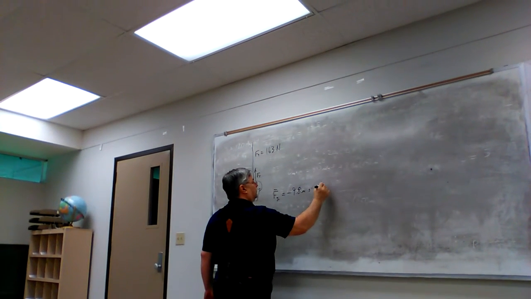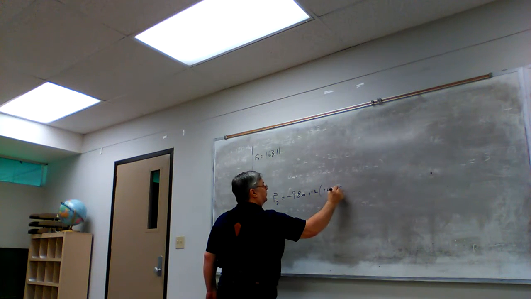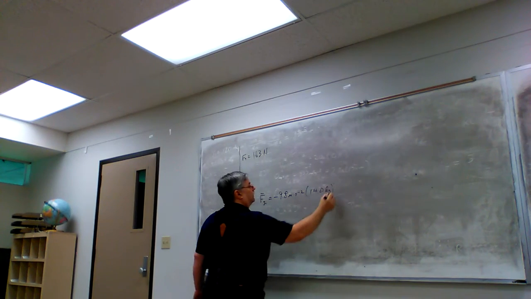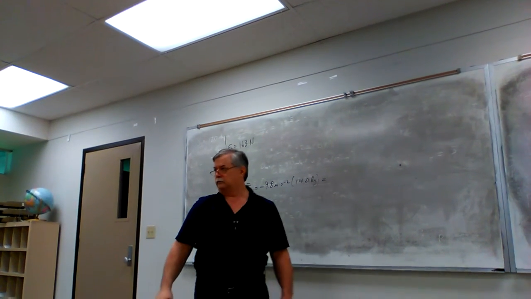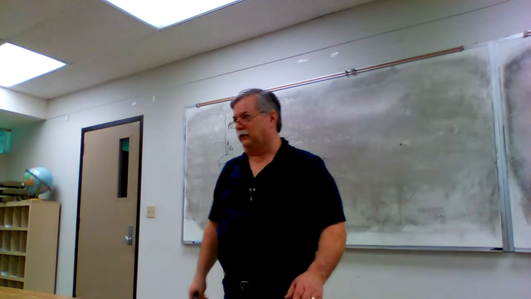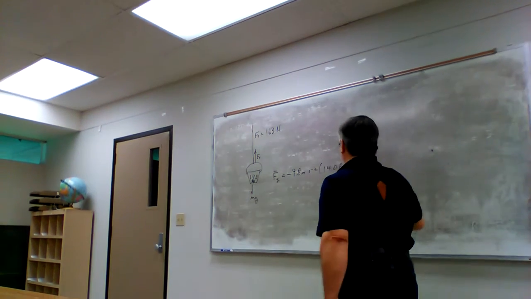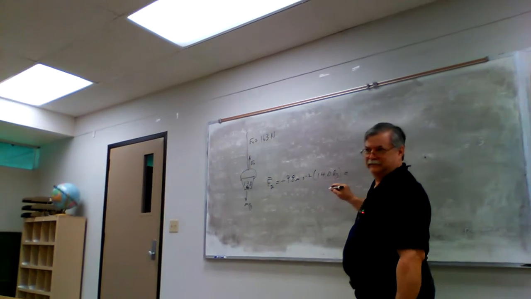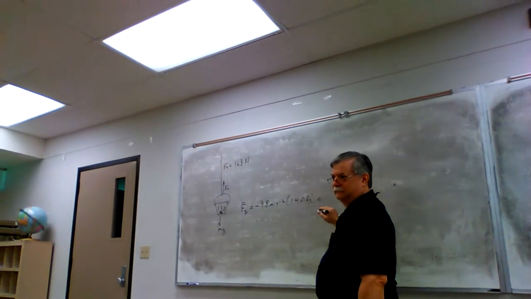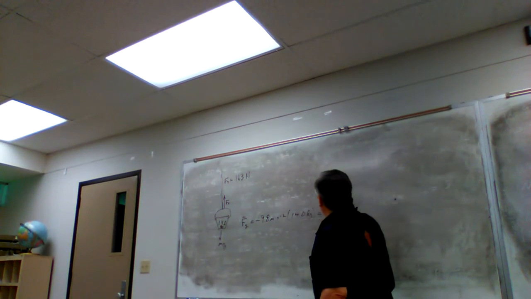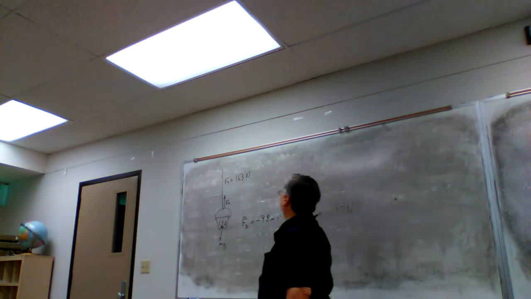Minus 9.8 meters per second squared times 14.0 kilograms equals, you can do the calculation if you want. Negative 137 newtons.